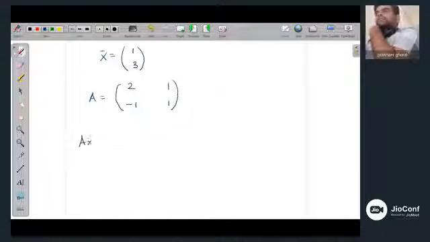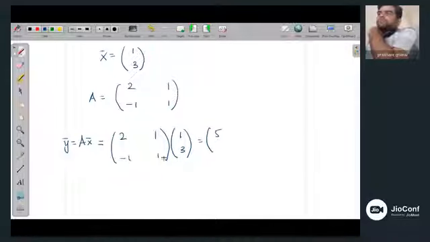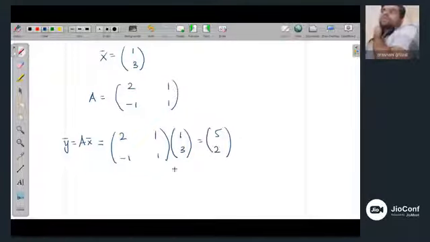Another new vector is produced. So let me calculate that. We can see that it is 2 plus 3, which is 5, and minus 1 plus 3, which is 2.